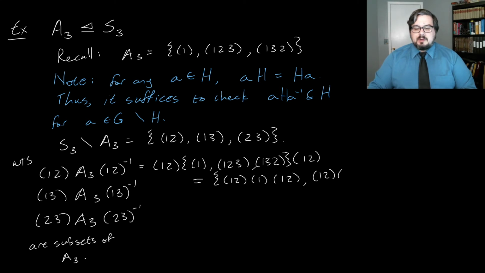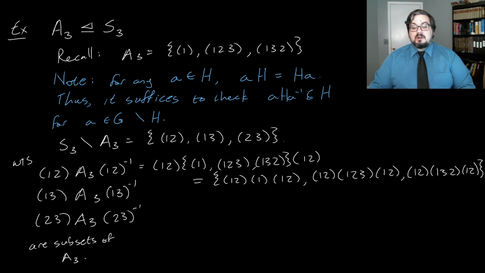And then we're going to take (1 2) and multiply it by (1 2 3), multiply it by (1 2) on the right, and then (1 2) times (1 3 2), multiply it by (1 2) on the right. So we're going to take every element of A3 and multiply it on the left by (1 2), and on the right by (1 2) inverse, which is just the cycle (1 2).